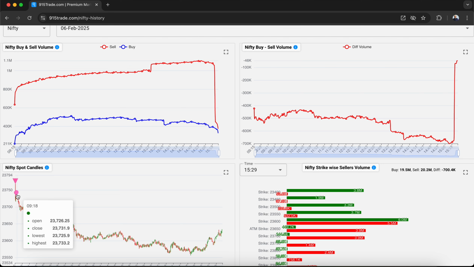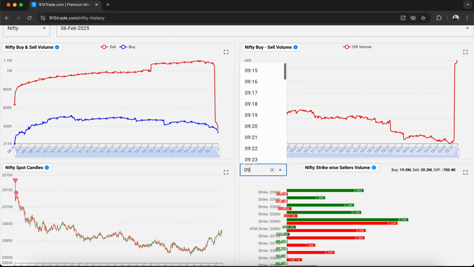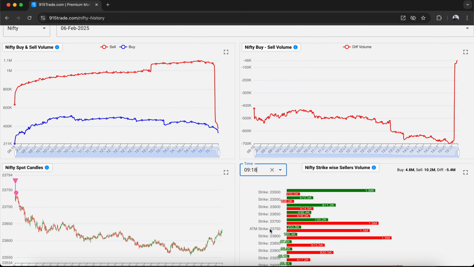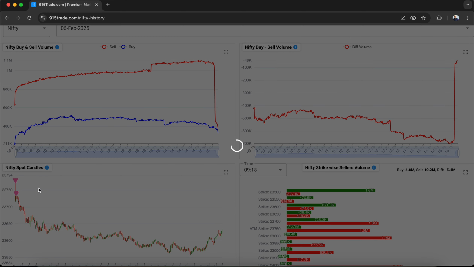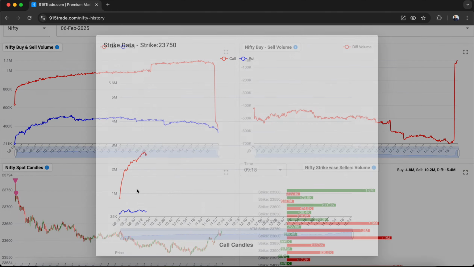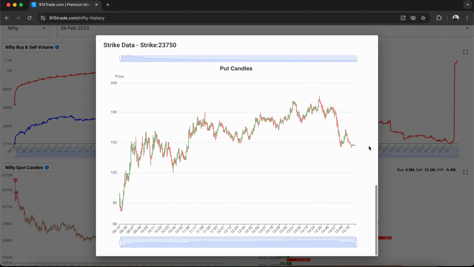So for example, at 9:17, 9:18, this particular bubble appeared, and if you look at 9:18, your ATM strike was 23,750, and we are talking about the put at 23,750. Even if you take ATM, for example, the 23,750 put at 9:18, this is where it told you that there is a sell pressure created.